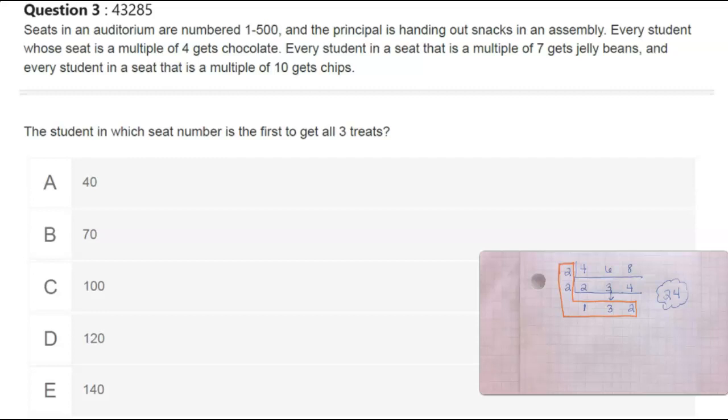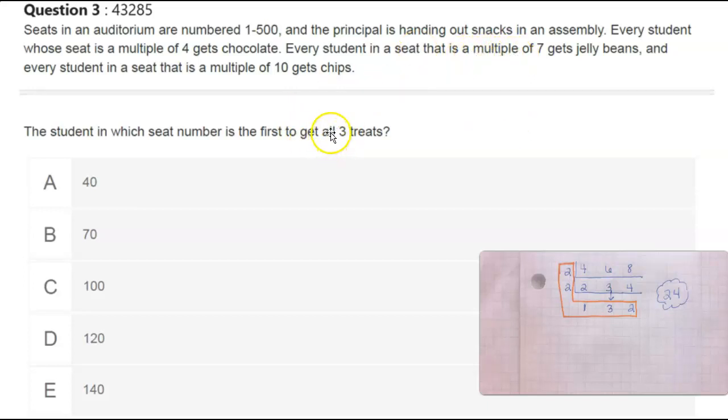But eventually there will be a person that will get all 3, which is crazy. We just have to figure out what that person is. So in this scenario, we have to figure out when all of these multiples come together. Keywords that you'll see in here are "multiple of."